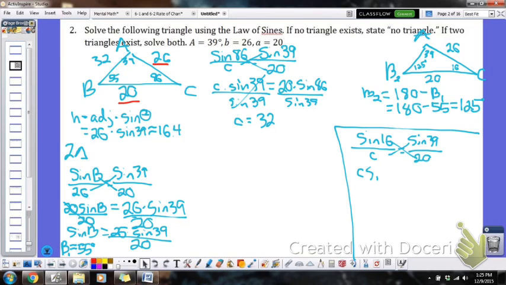I will get c times the sine of 39 being equal to 20 times the sine of 16. Divide by the sine of 39 on both sides. And I'm left with c is equal to 20 times the sine of 16 divided by the sine of 39, giving us c is equal to approximately 8.8. So I will label that on my triangle, and then I have solved both triangles.